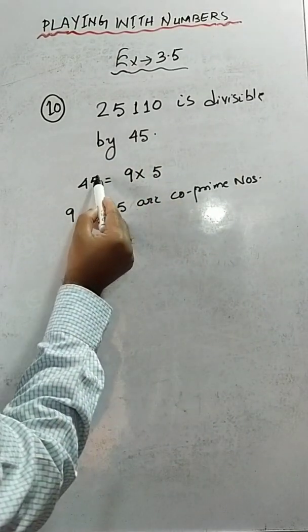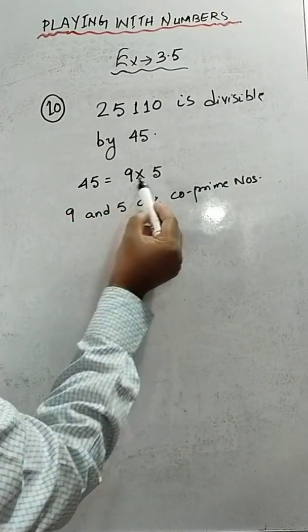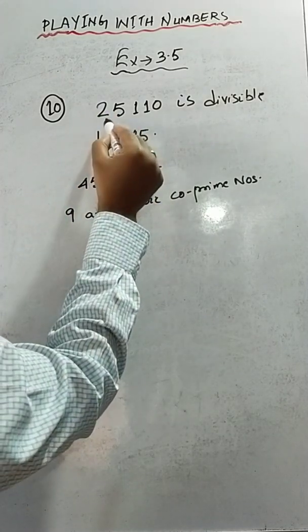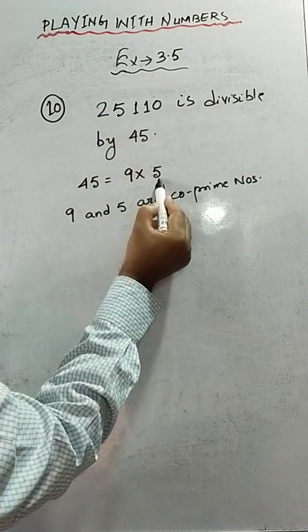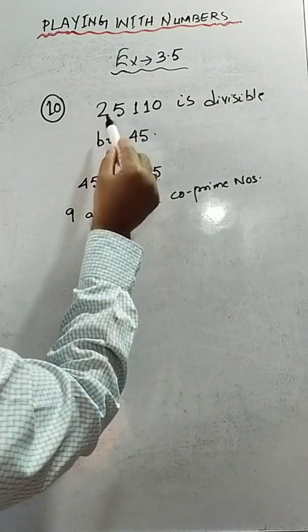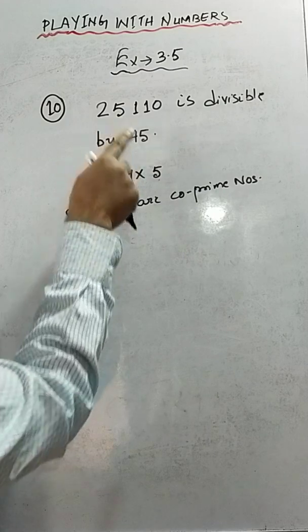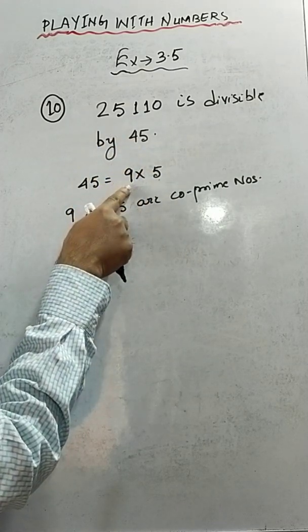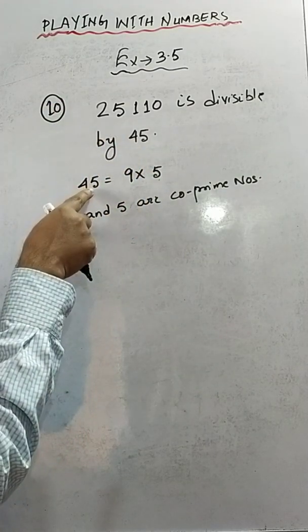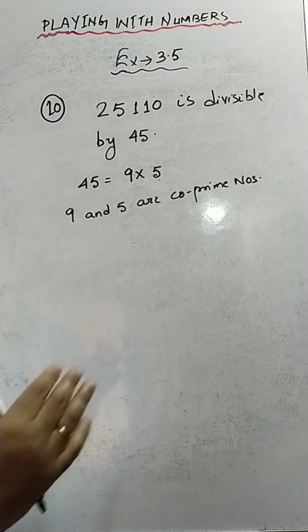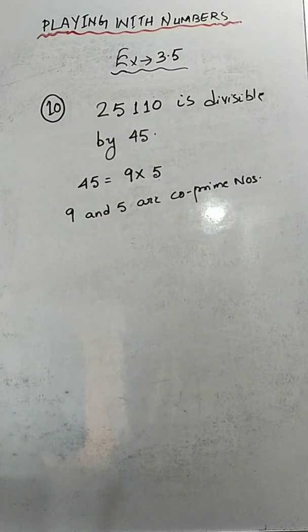Now, because 45 has these two factors which are co-prime to each other, we'll verify whether this number is divisible by 5 or not, and also whether this number is divisible by 9 or not. If this number is divisible by 5 as well as by 9, then definitely it must also be divisible by 45. Okay, students?